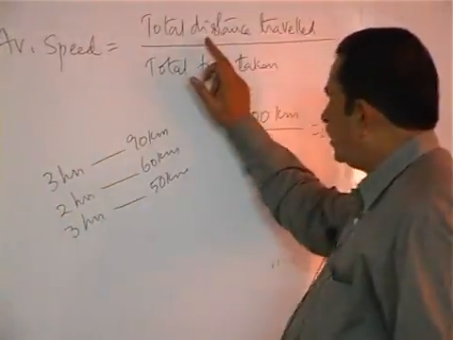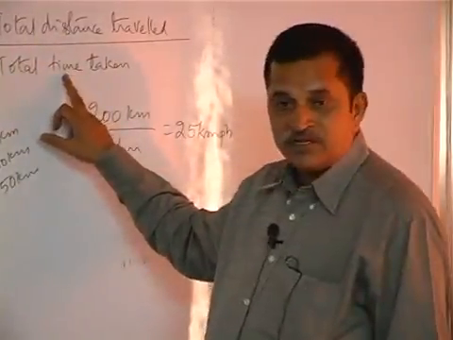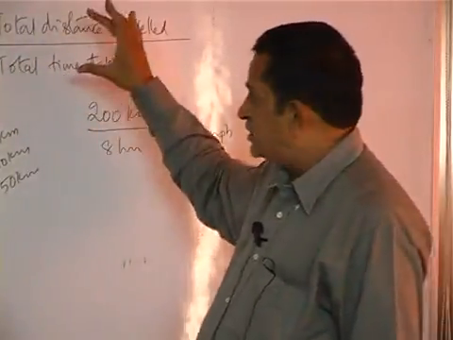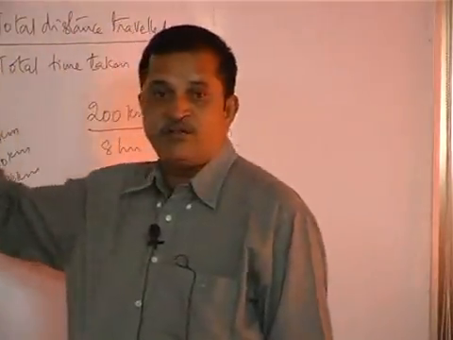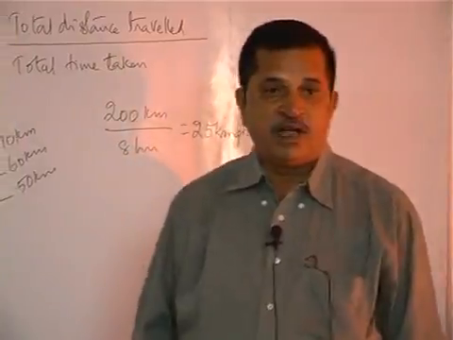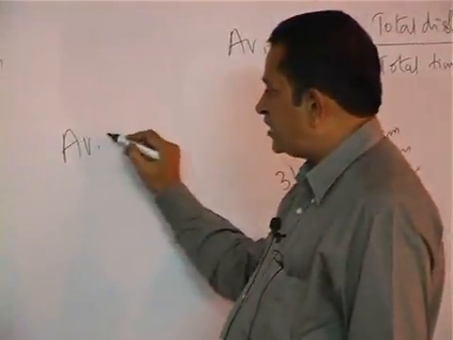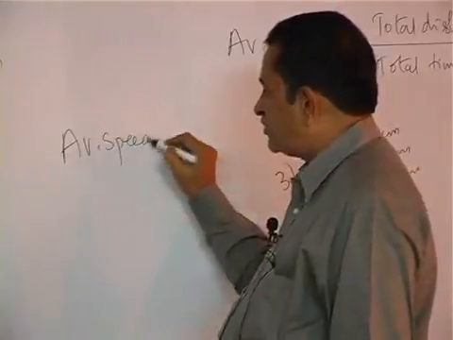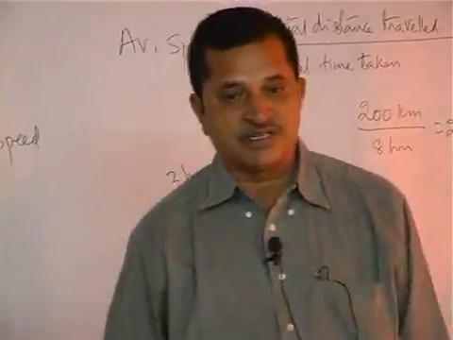But here in this problem, the required distance is not given, the required time is not given, except these two, the other data was given, speed was given. And the average speed you can calculate when speeds alone are given, but the condition must be distance should be constant.